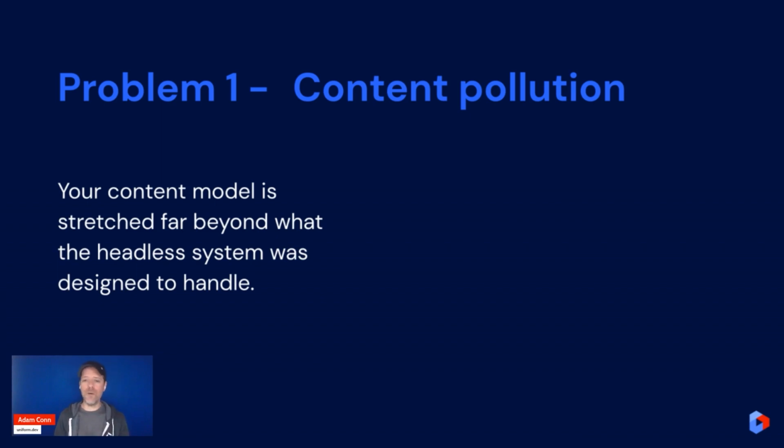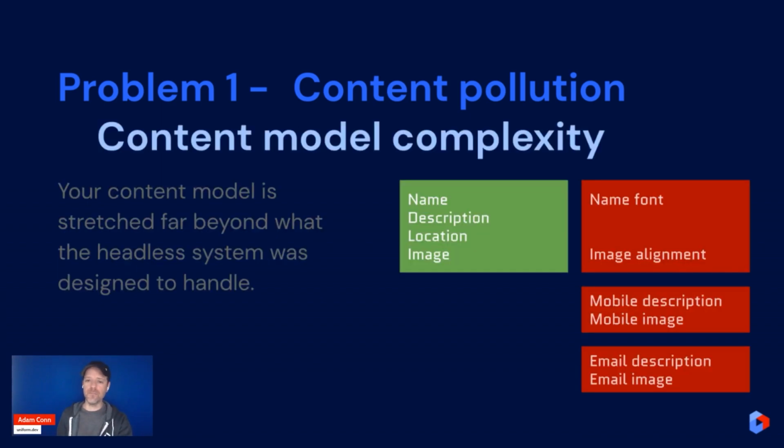And there are a couple of ways that this creates problems. So content model complexity is the first problem. You might start out with a very pure content model, something like an entity that has a name, description, location, and image. But then as you start supporting specific channels, that's when pollution starts to happen. So you add a little bit of web-specific content, like maybe a font and image alignment.